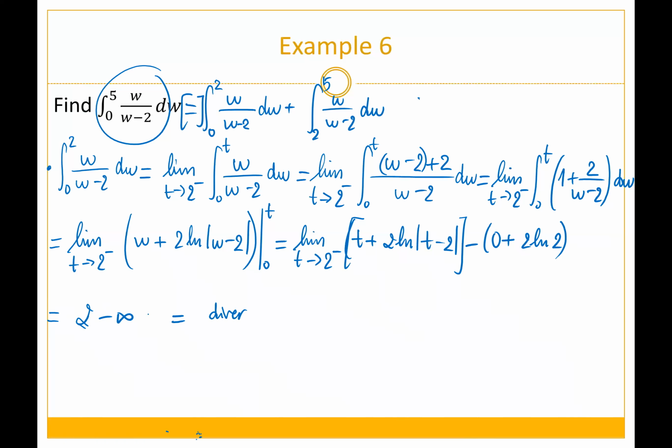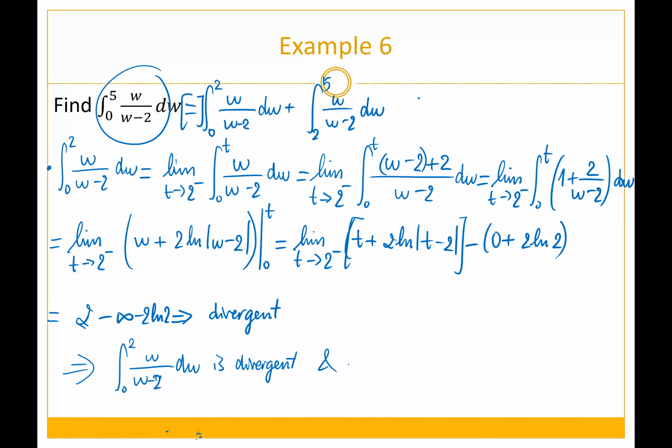You can say minus ln of 2 as well here, but this is divergent. So your conclusion is that the integral from 0 to 2 of w over w minus 2 dw is divergent.